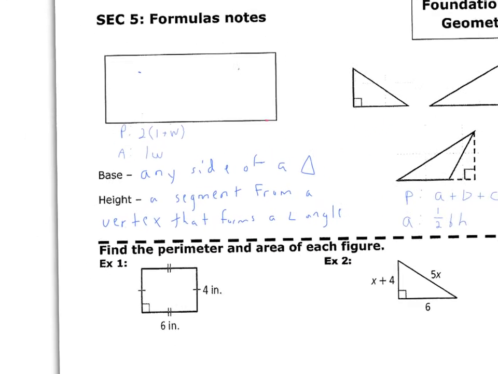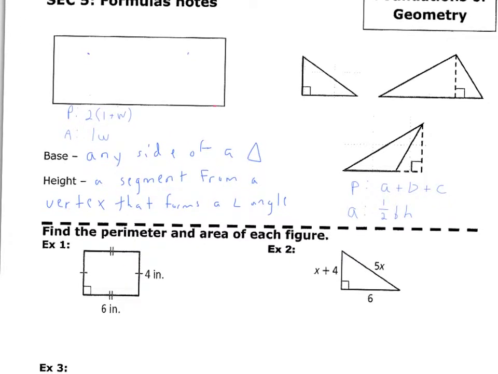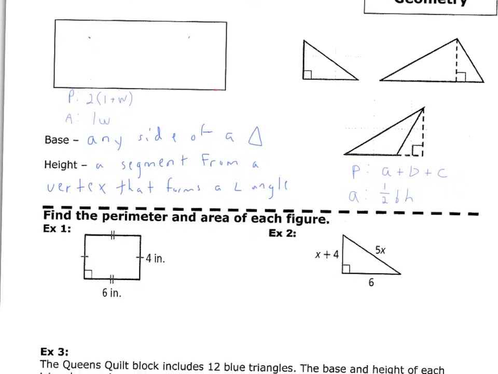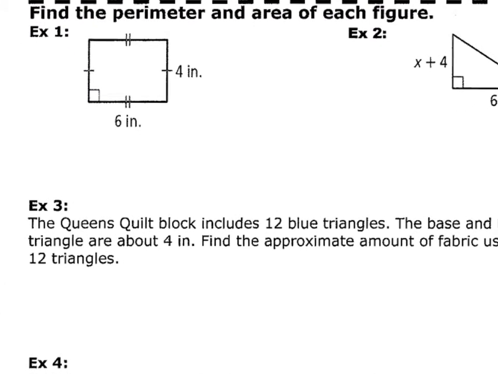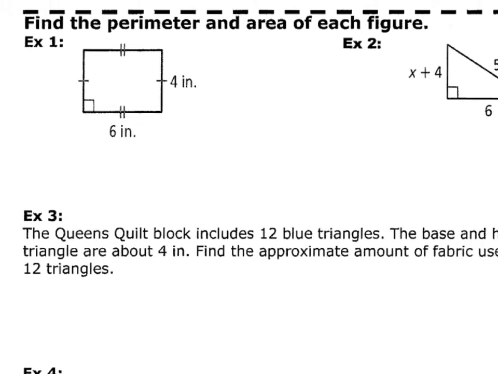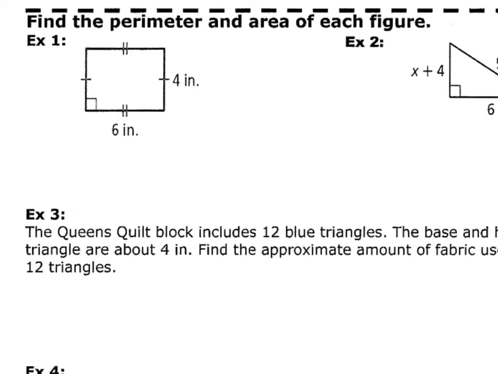Okay, now that we've got these working definitions, let's work on a couple of examples on how we would find the perimeter and the area of each of these figures. So for example 1, we want to find the area. Remember, the area is just length times width. So this time it's just 6 times 4.